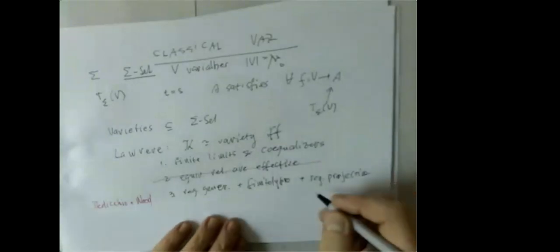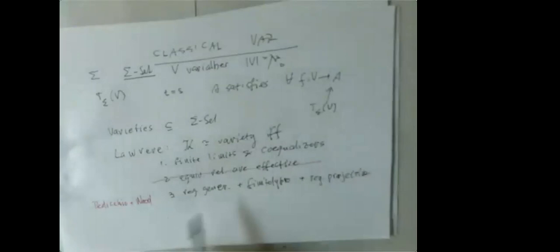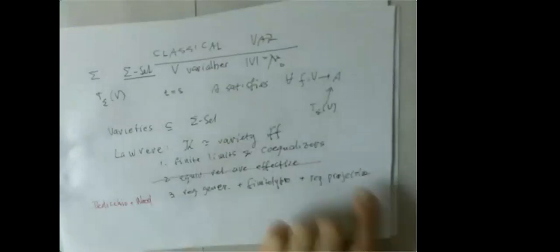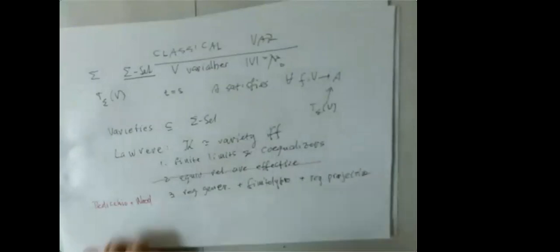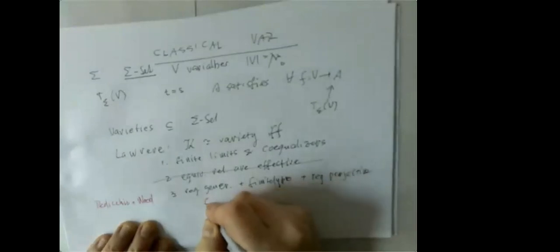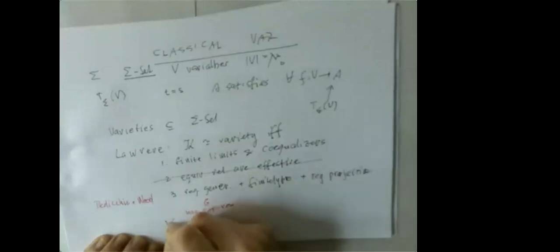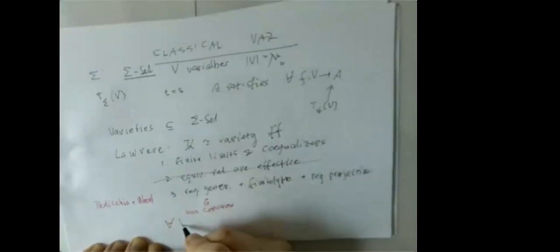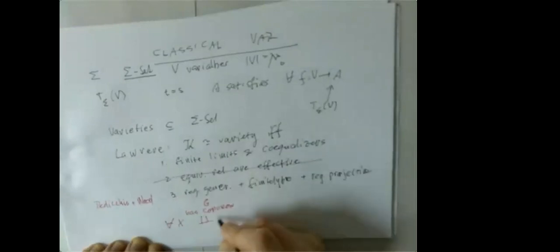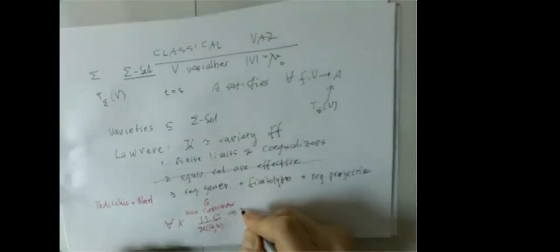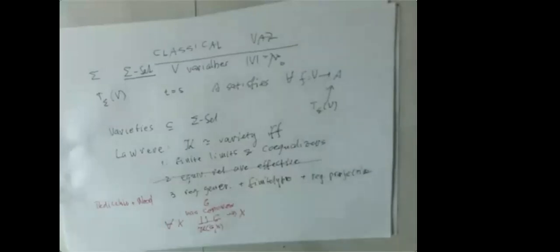If instead of regular projective, so maybe I should remind you what these three things are. A regular generator is an object G which has copowers, and if you take an object X and you take the copower of G by all morphisms that go from the generator to X, you will get the canonical morphism.